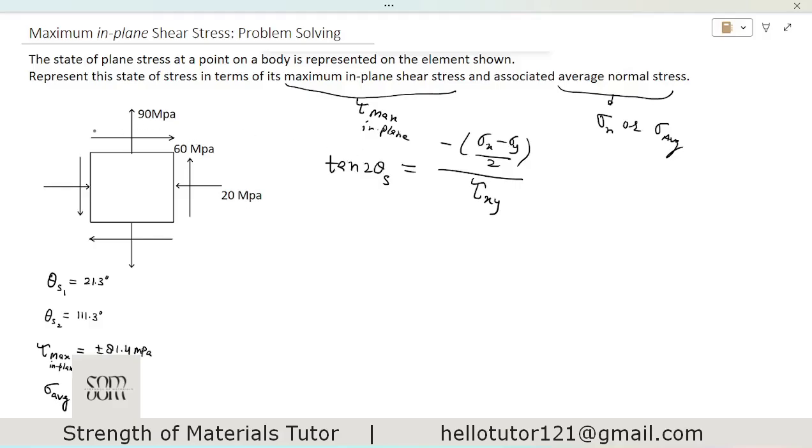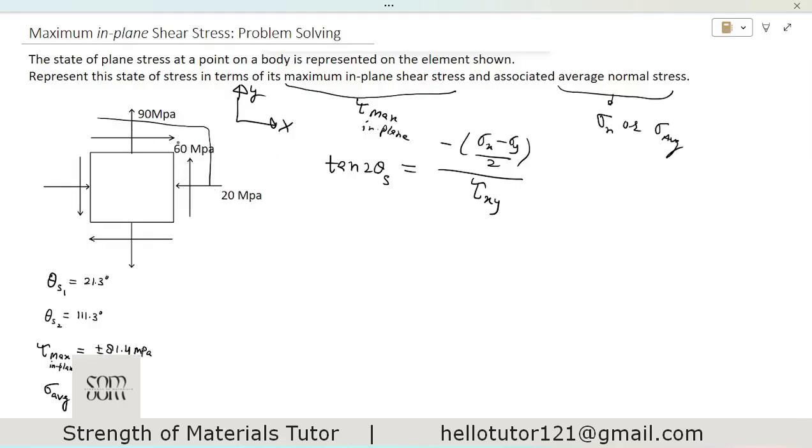In the positive side, let us say this is the positive x axis, and this is the positive y axis. Based on this, we will use this sign convention for all the stresses that exist on this plane and this plane.